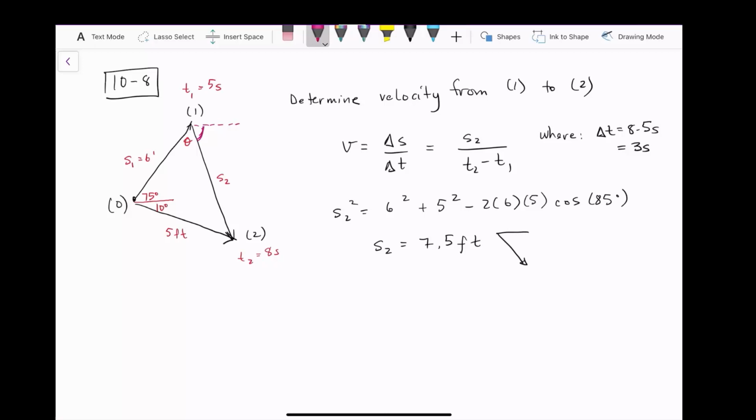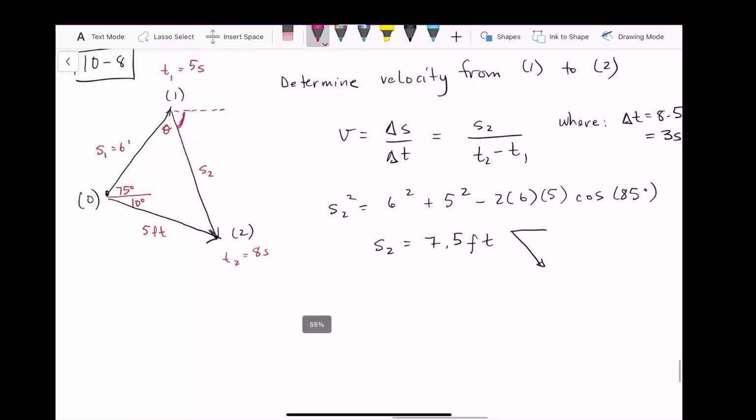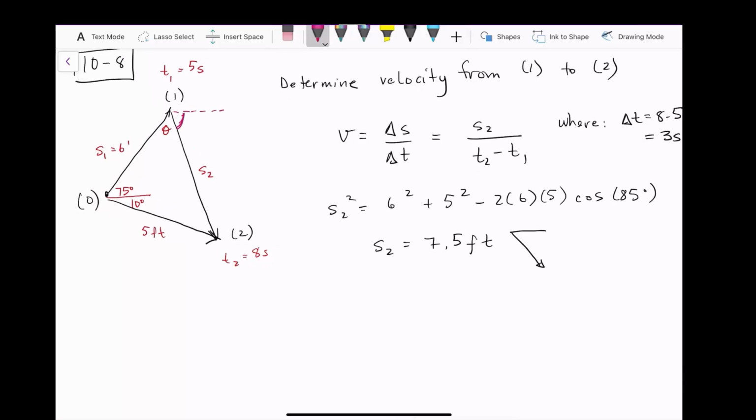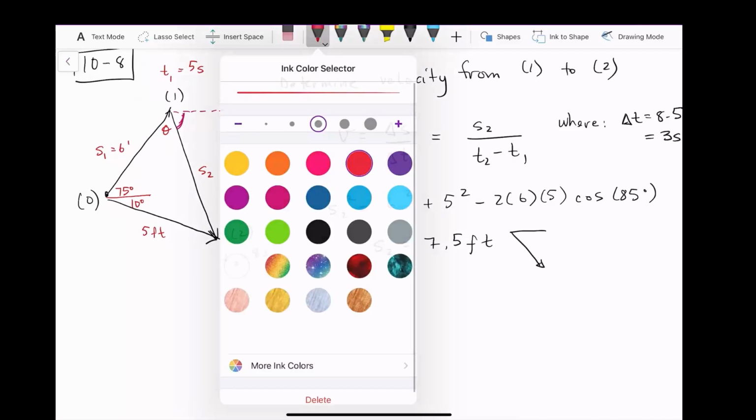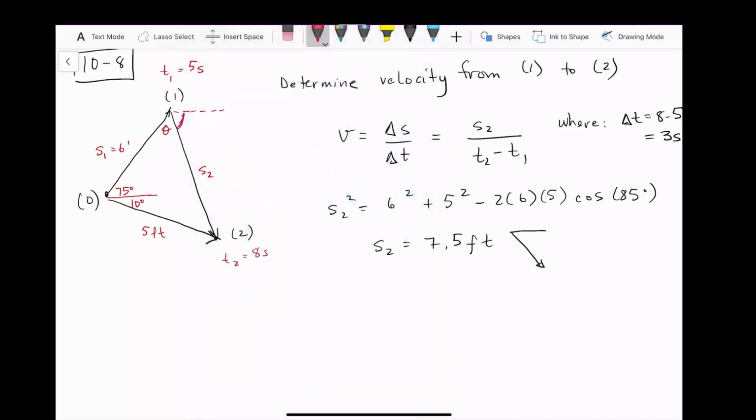So the only way to get that angle, that outside angle, again, this is where you might have to be a bit creative. If we were to extend that horizontal line between the 75 and the 10 degrees, let's extend that out. Now we're breaking this up into two different triangles. In fact, that line that I extended would be parallel with the line that we have at the top.